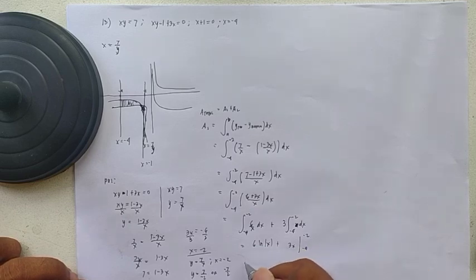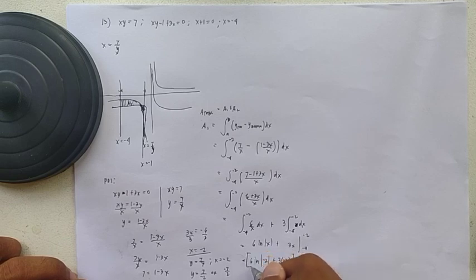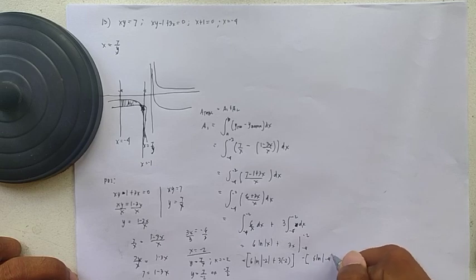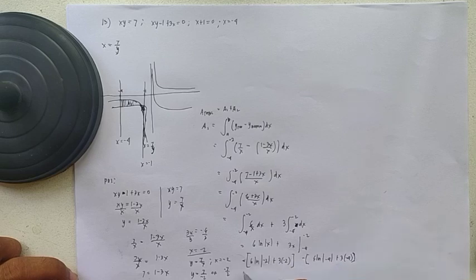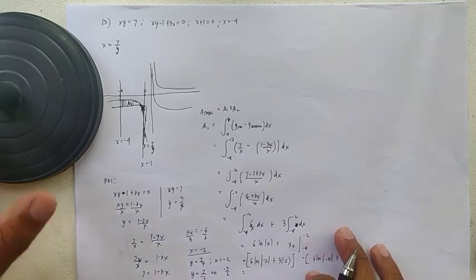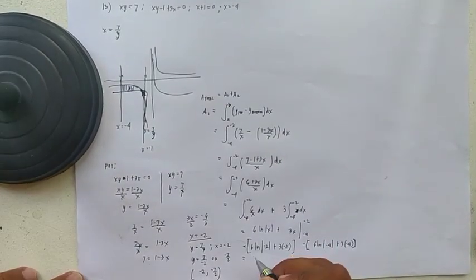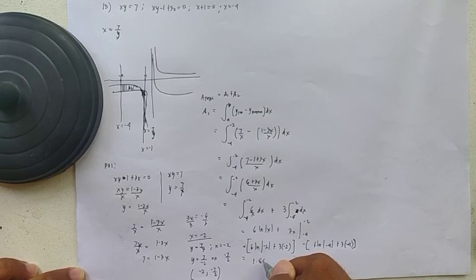So isa-substitute na lang natin yung mga values. So 6 times ln of negative 2 plus 3 times negative 2 minus the quantity of 6 ln of negative 4 plus 3 times negative 4. So kapag i-input po natin to sa calculator, yung makukuha nating value ay 1.84 units square. So yan po yung area 1 natin.